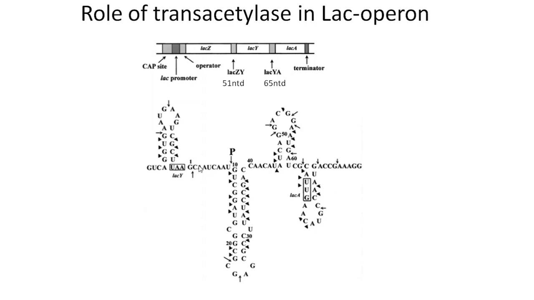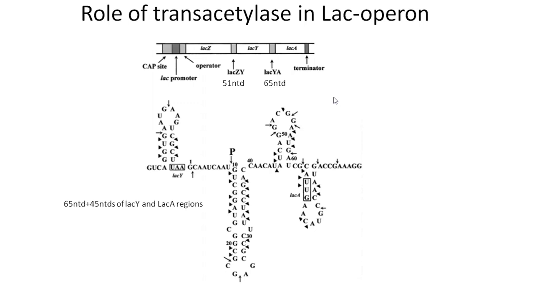So this is a 65 nucleotide hairpin loop-like structure present between the LacY and LacA genes, and when the polycistronic RNA is produced, it is later clipped at this position by an RNase called RNase P. RNase P clips here, and it separates this LacA RNA.